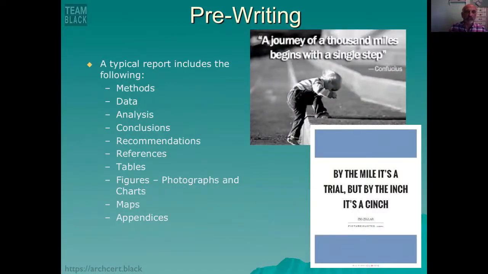To continue, we have a methods section, or the techniques we use to complete the assignment. We have a data presentation. We have analysis, conclusions, recommendations, references, tables, figures, which are typically photographs and charts, maps, and, most importantly for many of these reports, because they are so complicated and contain so much information, we have a series of appendices.